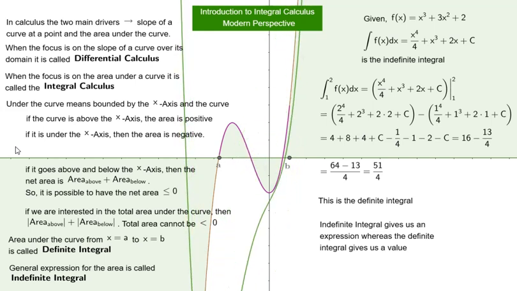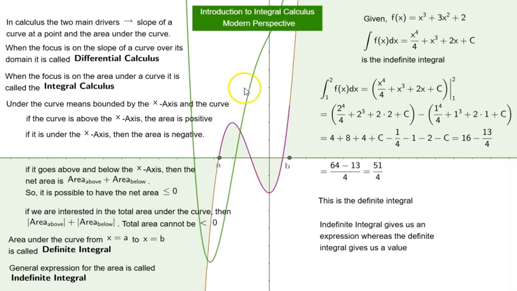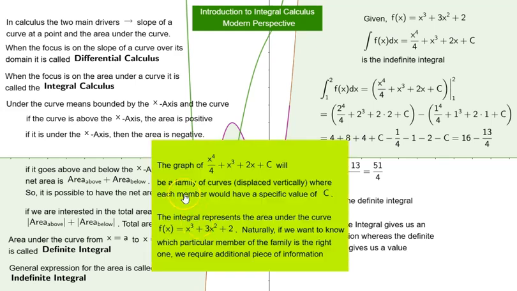So, because we are not very sure of which particular graph of this family of graphs is the right one, we just mark it as C, the y-intercept. So, in other words, the graph of x to the power of 4 by 4 plus x cube plus 2x plus c will be a family of curves displaced vertically, where each member would have a specific value of c.